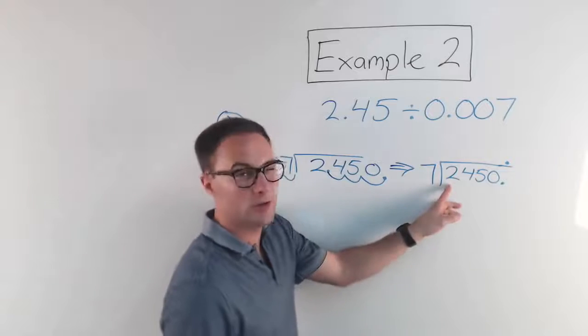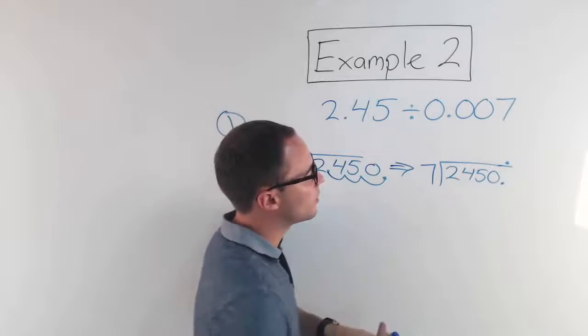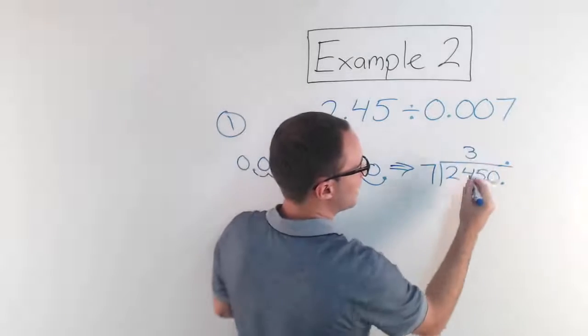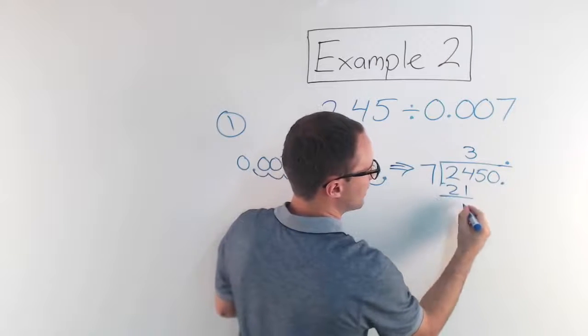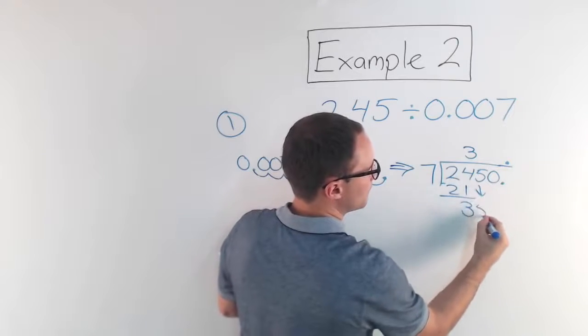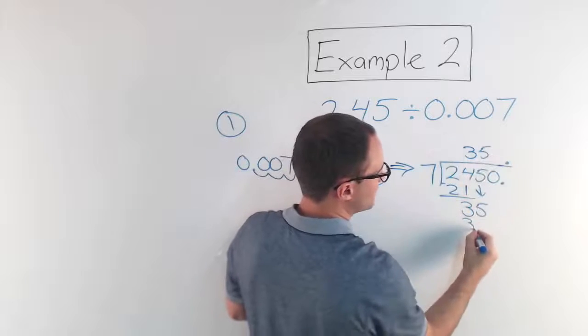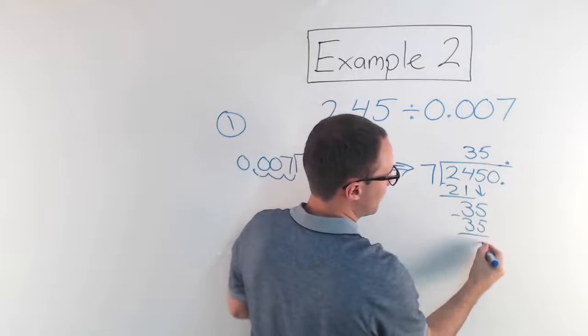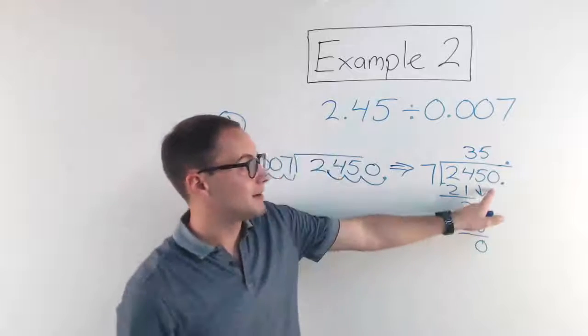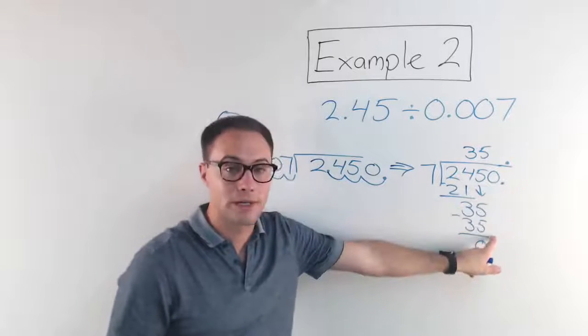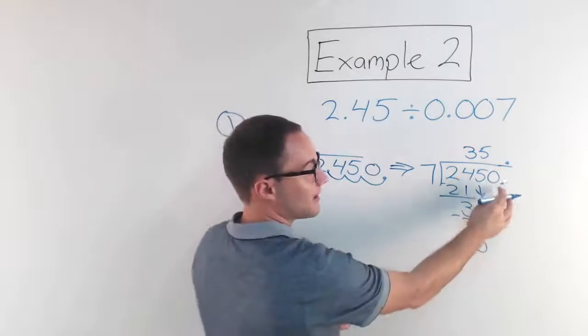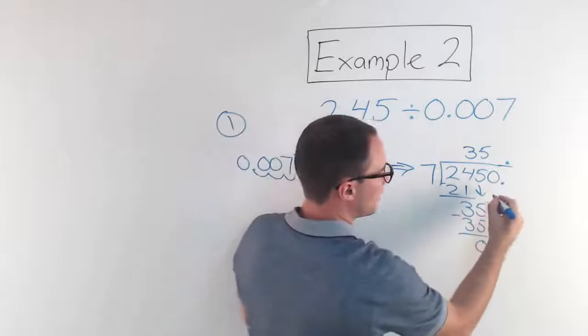So 7 into 2, no, that doesn't work. So 7 into 24 goes 3 times. That's 21. Subtract, I get 3. Bring down the 5. 7 into 35 is 5. That is 35. Subtract, I get 0. But I'm not done because I still have a 0 to bring down, right? That's why it helps having that decimal point there.